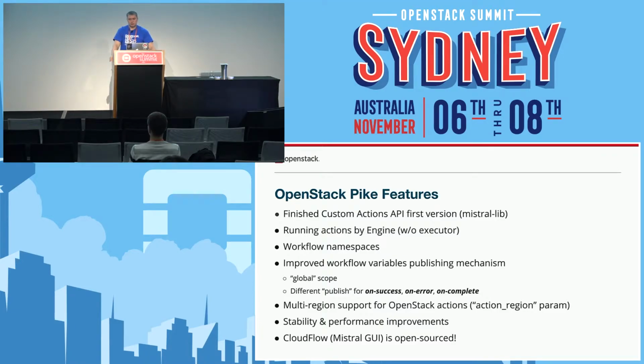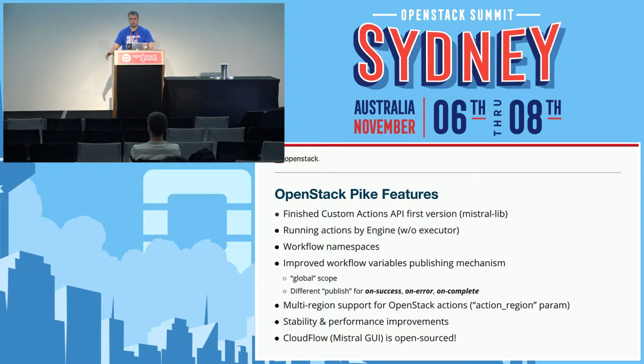We also added namespaces, workflow namespaces basically. There was a requirement within our company to have multiple workflows with the same name, split by some additional concept which we eventually called namespaces.